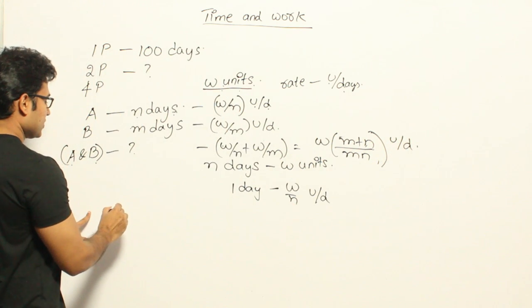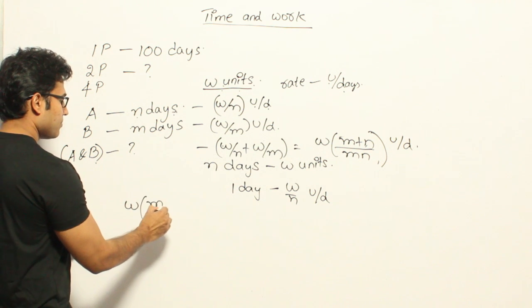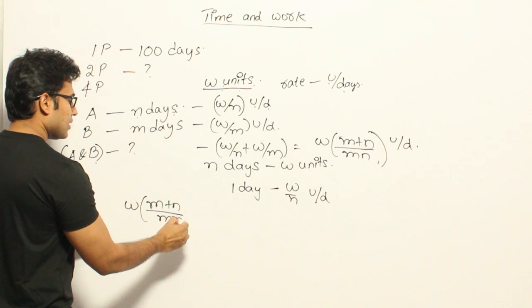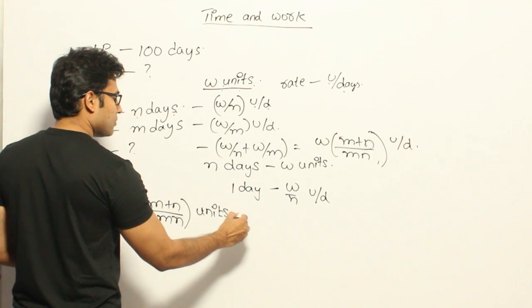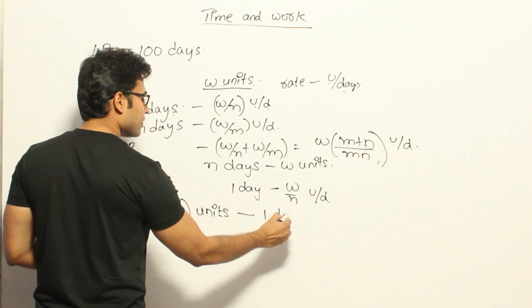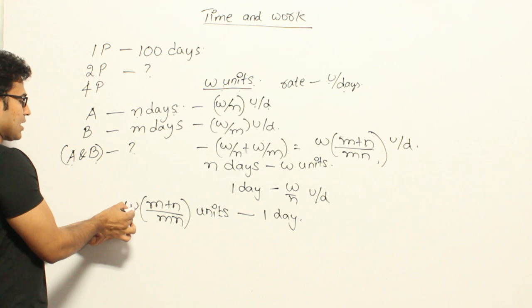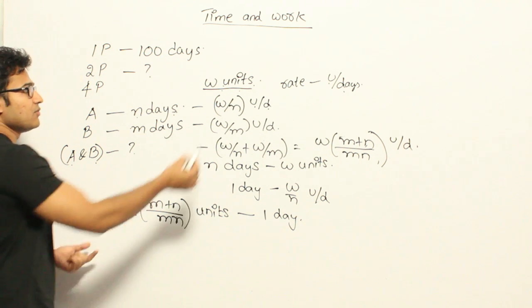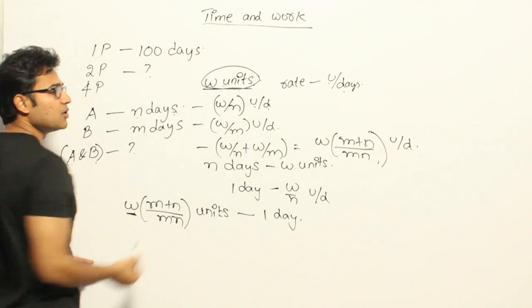Now understand this. W into (m plus n) by mn units of work can be done in one day. That is the meaning of this one, right? Then now the question is, how much time does it take for them to finish the project? Initially we assumed that the total amount of work required to finish the project is W units.